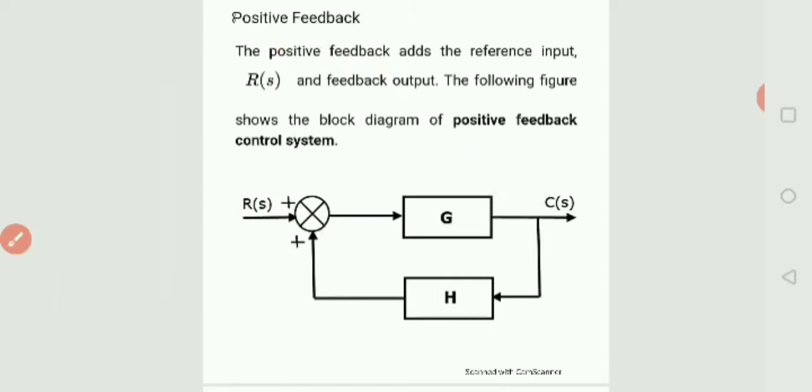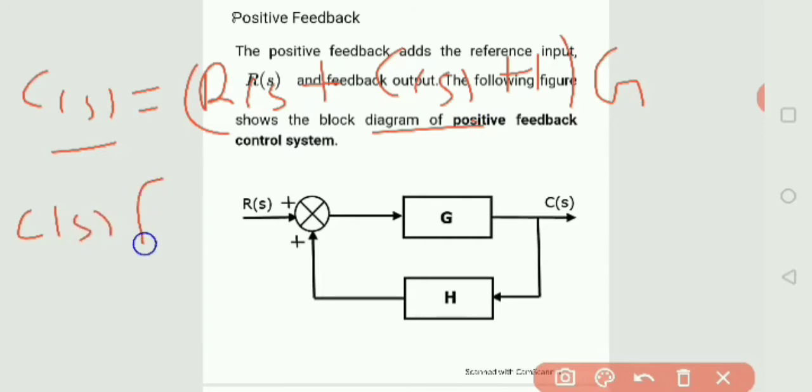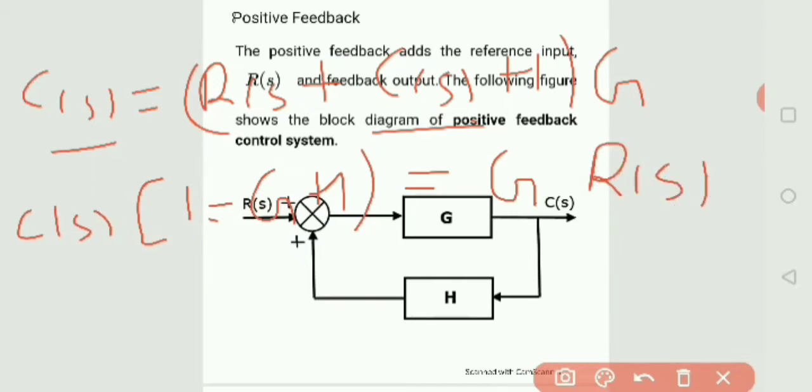So if we calculate this value, we put C(S) equal to R(S) plus C(S) into feedback H into gain G, and we take C(S) common: C(S) bracket 1 minus GH equals G into R(S).